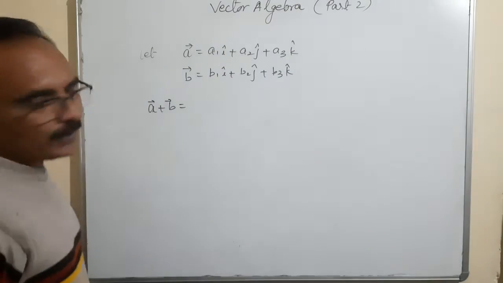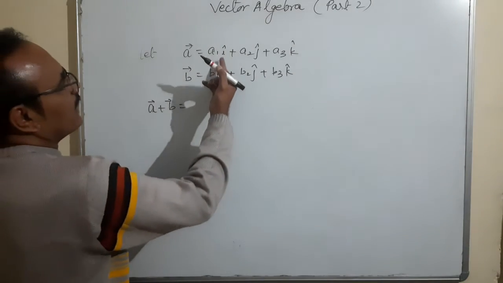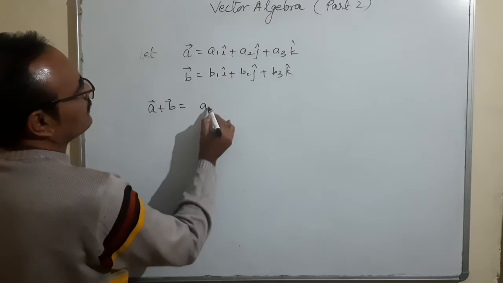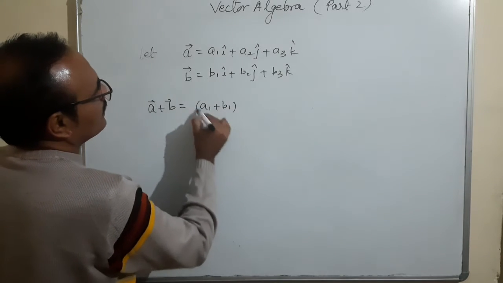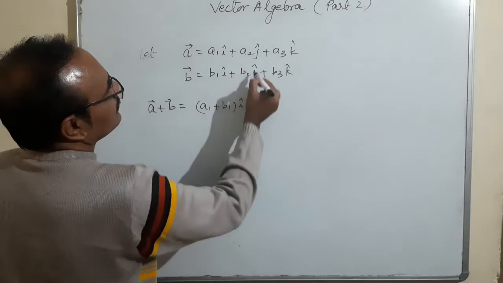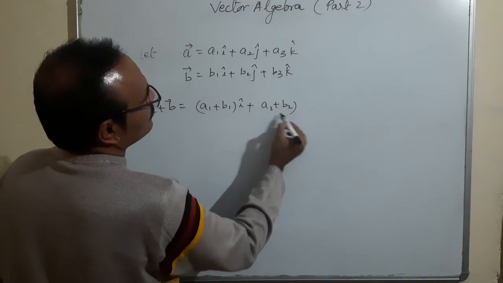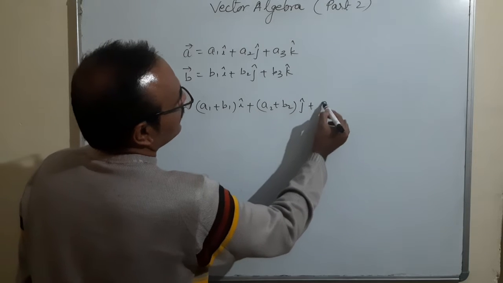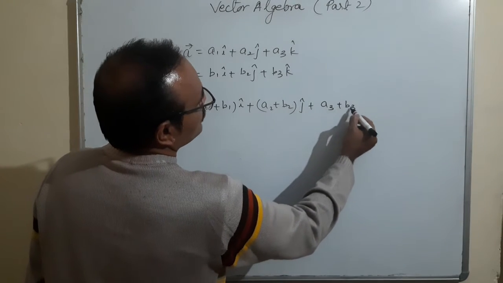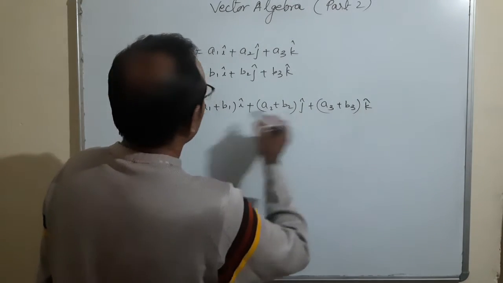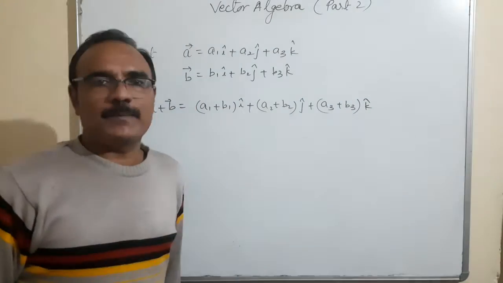We add I with I, so it is (A1 plus B1)I, J like terms, (A2 plus B2)J, and (A3 plus B3)K. This is the addition of two vectors, A plus B.